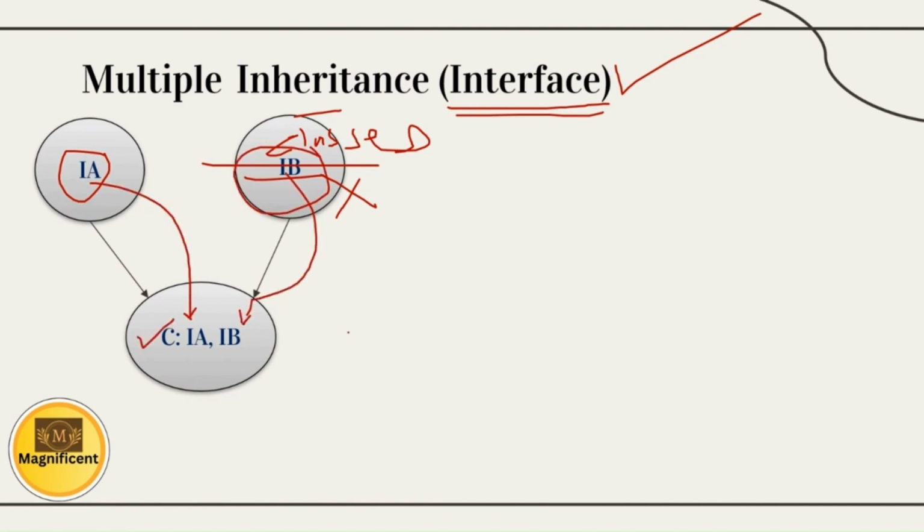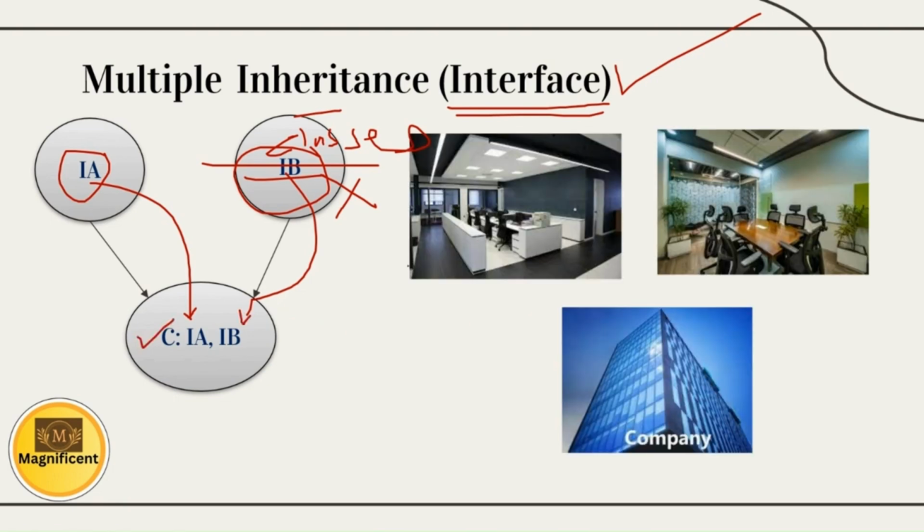To understand this, we'll frame one example of a company. This is a company, this is a project office, and this is a sales office. The project office interface we will inherit into the company class, and the sales office will also be inherited into the company class. So in C#, we'll try to implement this.